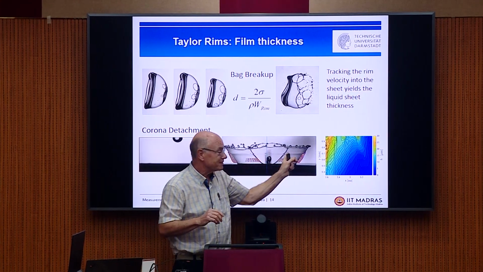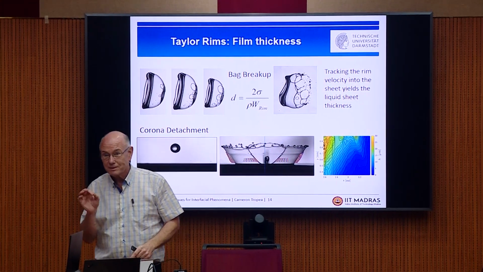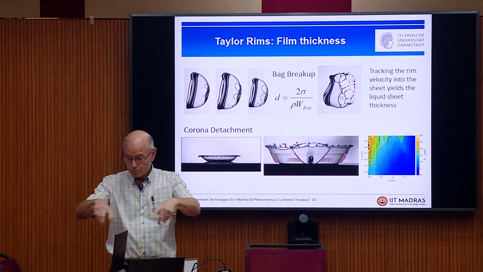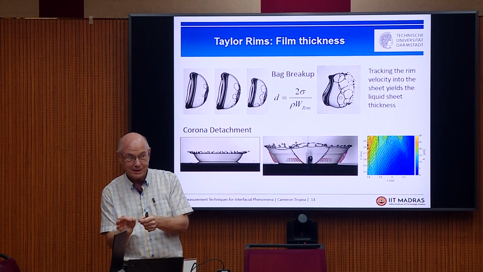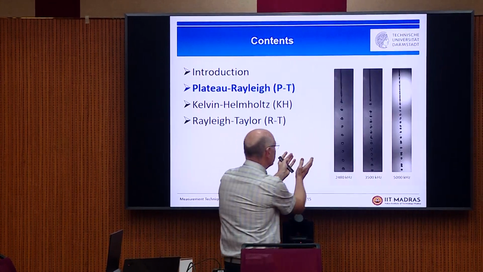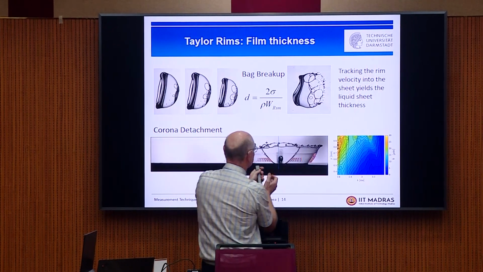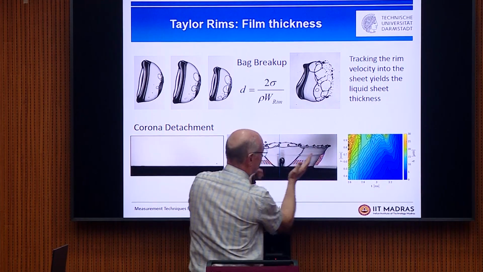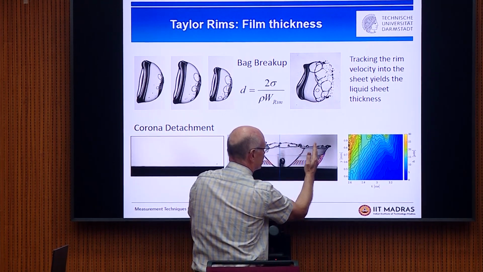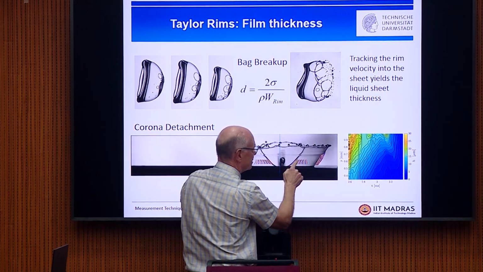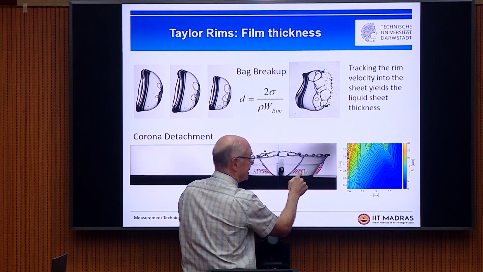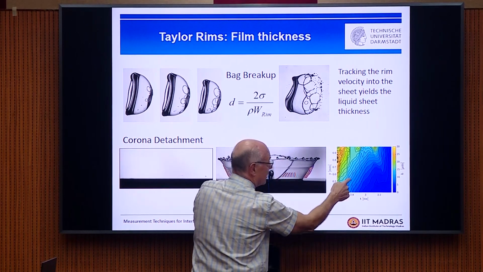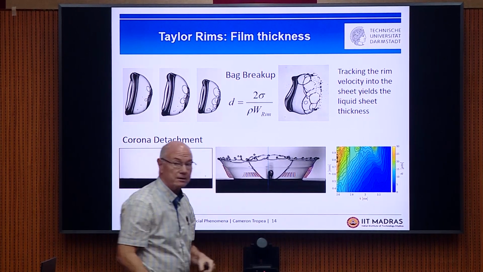So in this case, we excited the corona rupture with a small needle. Here's the needle, and the rim starts going like that. We track the rim velocity, and then we know the thickness here and here and here and here in time. So here's time, and the color is the thickness of the rim.